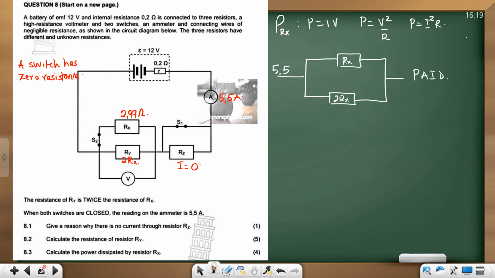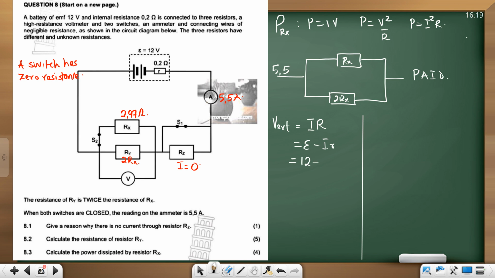Let's calculate current in different ways, my dear learners. I want to show you different ways, and we must get the same answer. First thing I want to quickly tell us is we can get our V external. V external is I multiplied by R, or you can say E minus I r. So many ways.